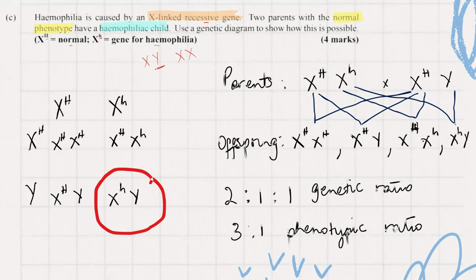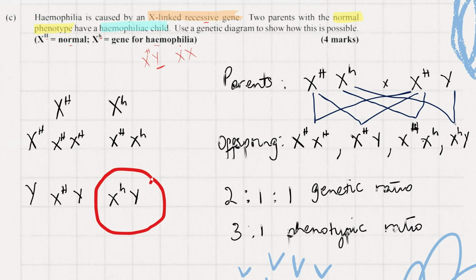So because we know it's X-linked, if the male is normal, then we know for a fact that this male has the capital H, and nothing is carried on the Y. But if they had a hemophiliac child, the mother is normal. But where does the hemophiliac child come from? Then that tells us that the mother is not homozygous, but in fact heterozygous.